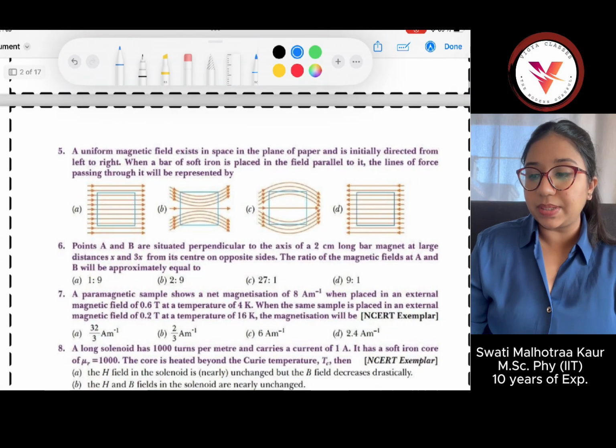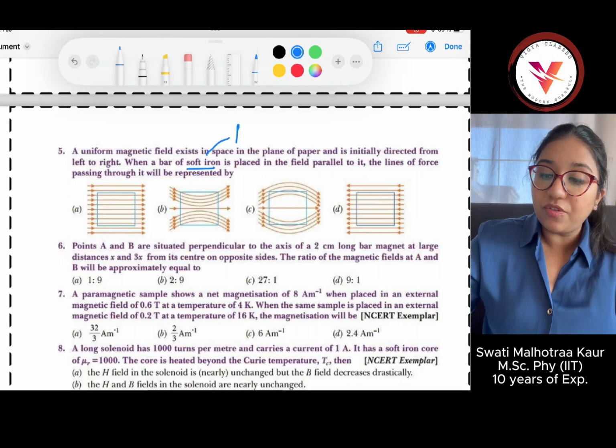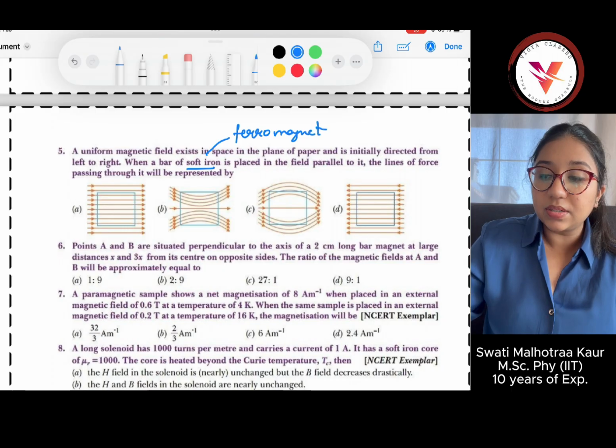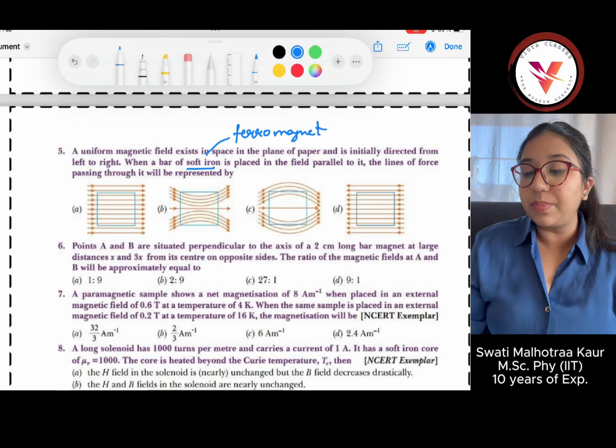Next, a uniform magnetic field exists in space in the plane of the paper and is initially directed from left to right. When a bar of soft iron, which is basically a ferromagnet, is placed in the field parallel to it, the lines of force passing through it will be represented by?